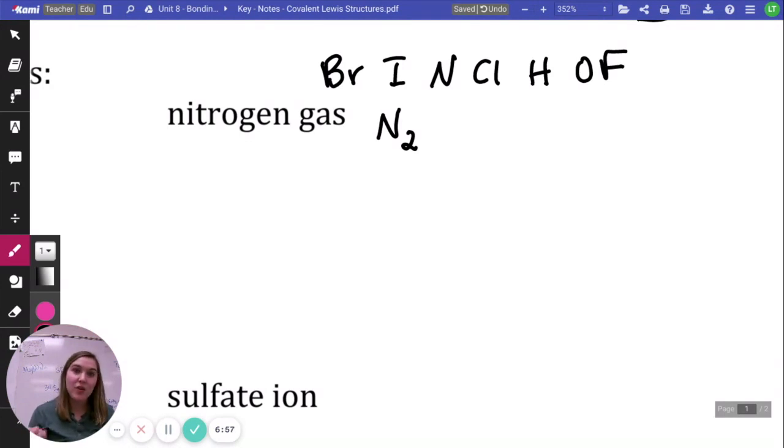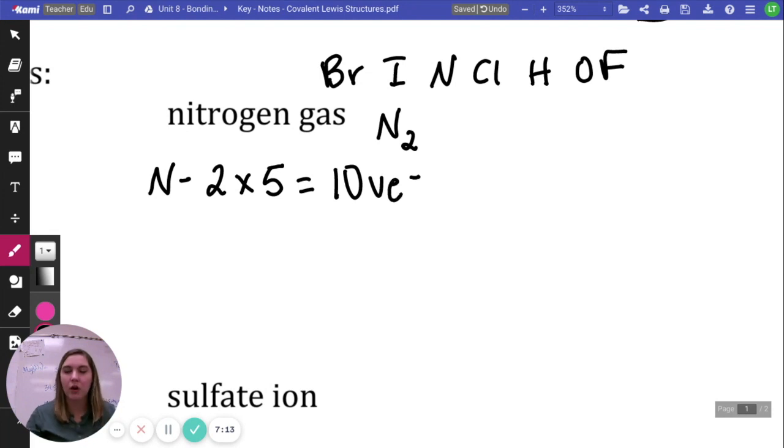Okay, so step 1, determine how many valence electrons. So I have 2 nitrogens. It's in group 15. So that means it has 5 valence electrons, which gives me a total of 10 valence electrons to work with in my Lewis structure. So we've determined the number of valence electrons.